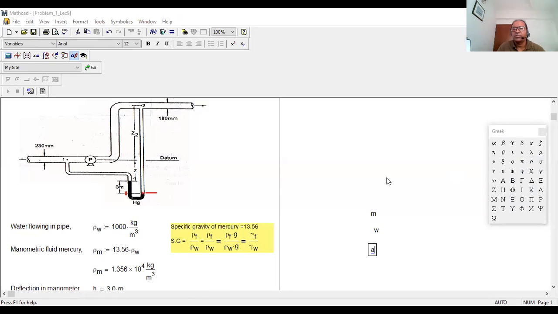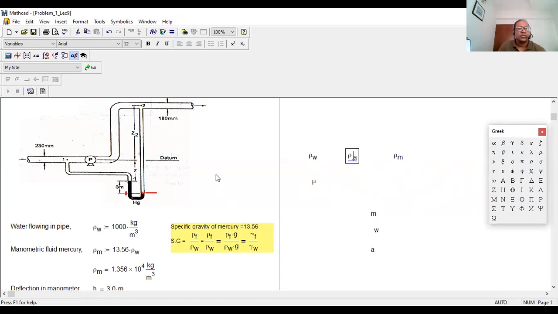I already mentioned it before. You need to remember the density of water, the density of air, the density of mercury, and also the viscosity of water, air and mercury. So this data will not be given in the problem.